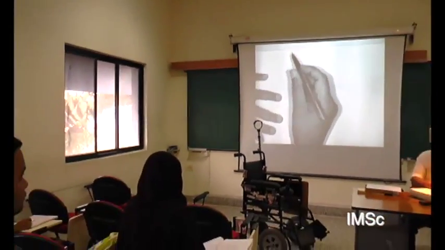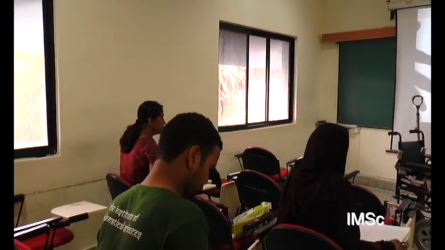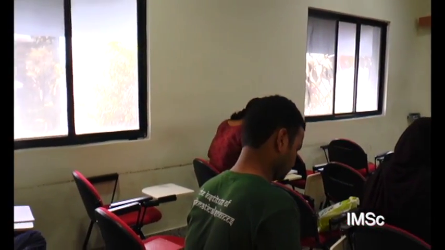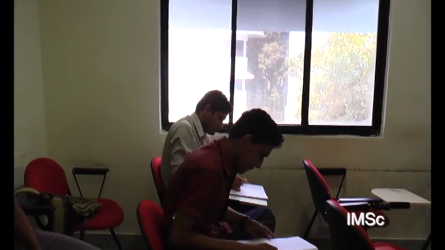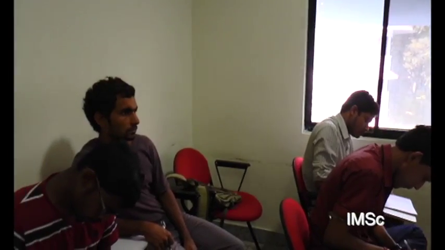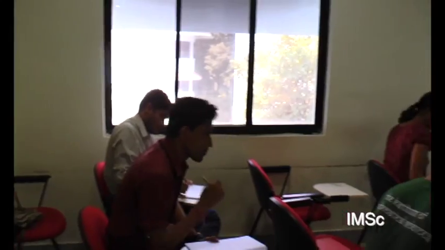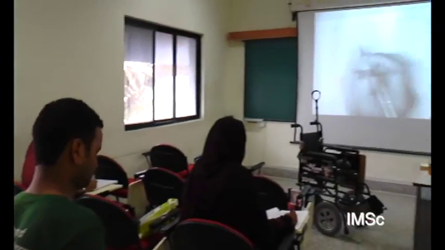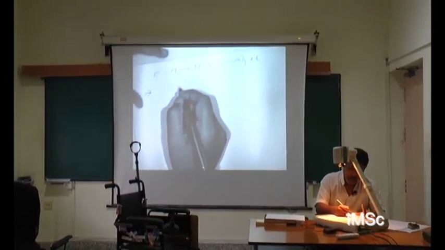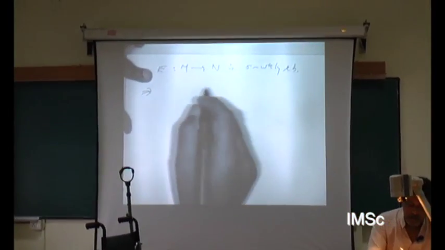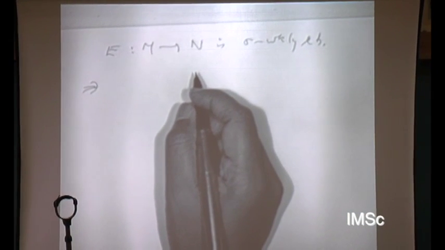Understanding normality in general: suppose E is sigma weakly continuous in domain and range. What does that mean? Given any map between Banach spaces, you can talk about its adjoint or transpose.